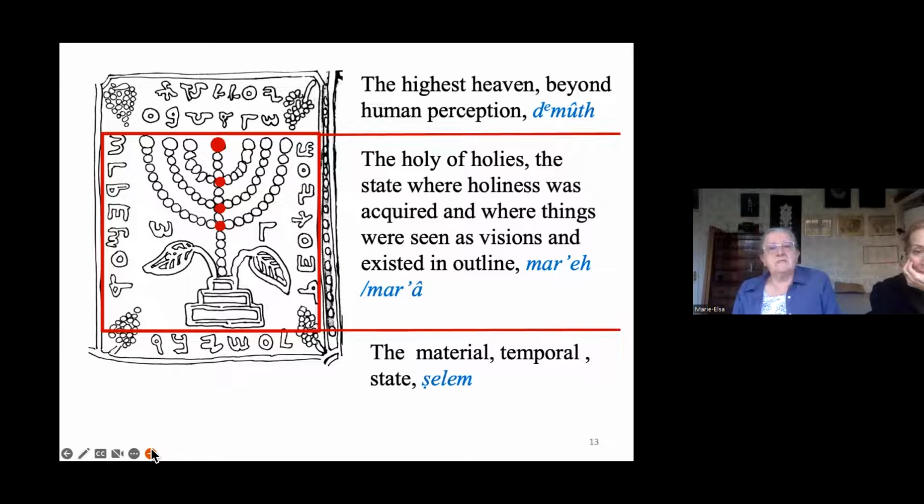So this is the Mara state. And then right at the bottom, this is the material temporal state. This is the state of the Tselem. And you'll notice here that the menorah is in the Holy of Holies.